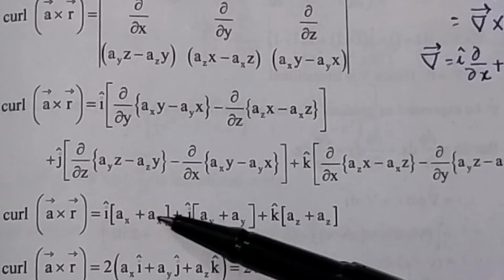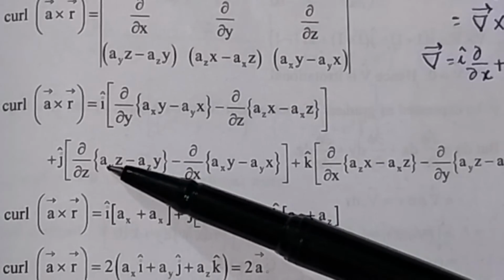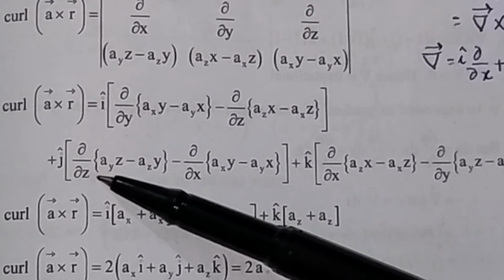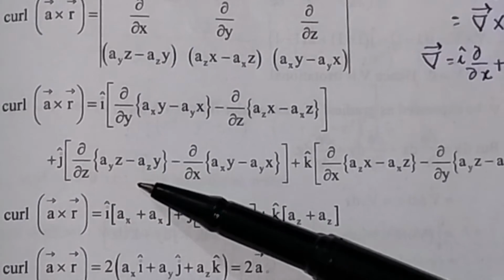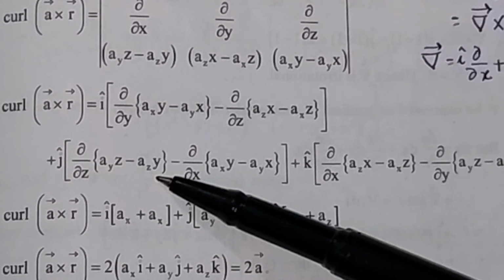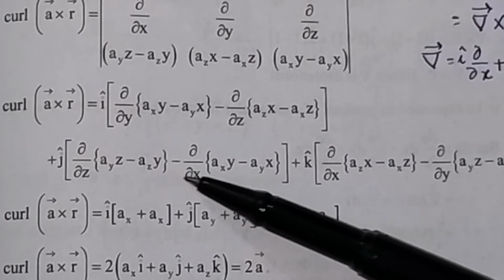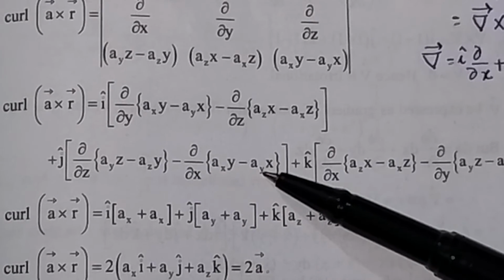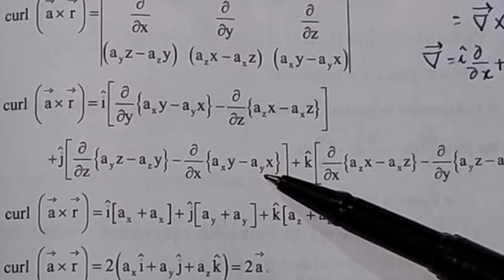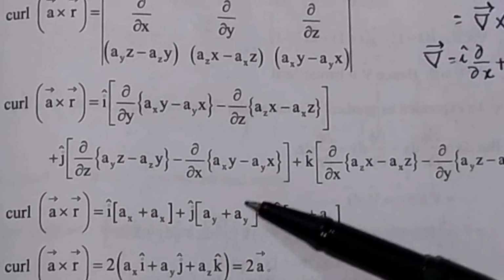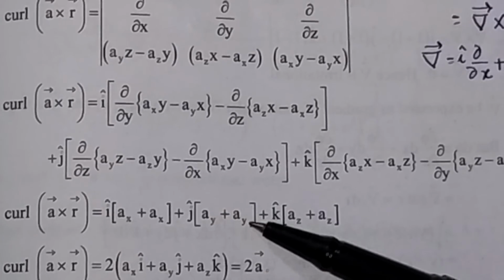So i cap Ax plus Ax. Similarly, for the j term, you have partial derivative with respect to z. That means you have a term Ay here, and for the other term that will be equal to 0, and partial derivative with respect to x. For this term you have Ay. So one Ay here and another Ay here. So you have Ay plus Ay.